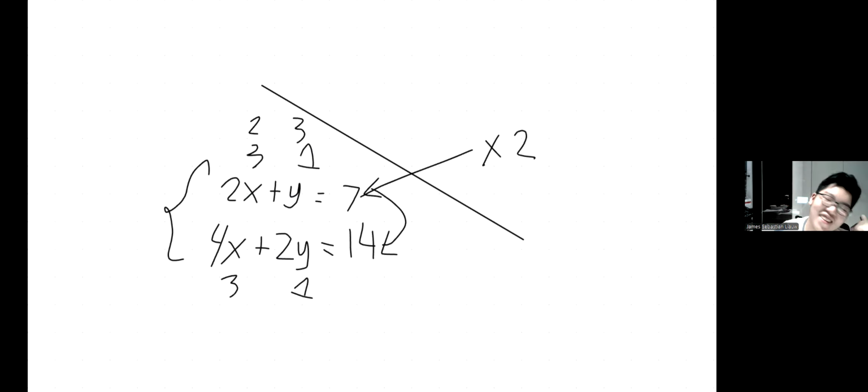Hey, presto, that's another solution. Because the second equation can be derived by multiplying all the coefficients in the first linear equation by the same factor, the same multiple. So really, these refer to the same line, and so there are infinite solutions.